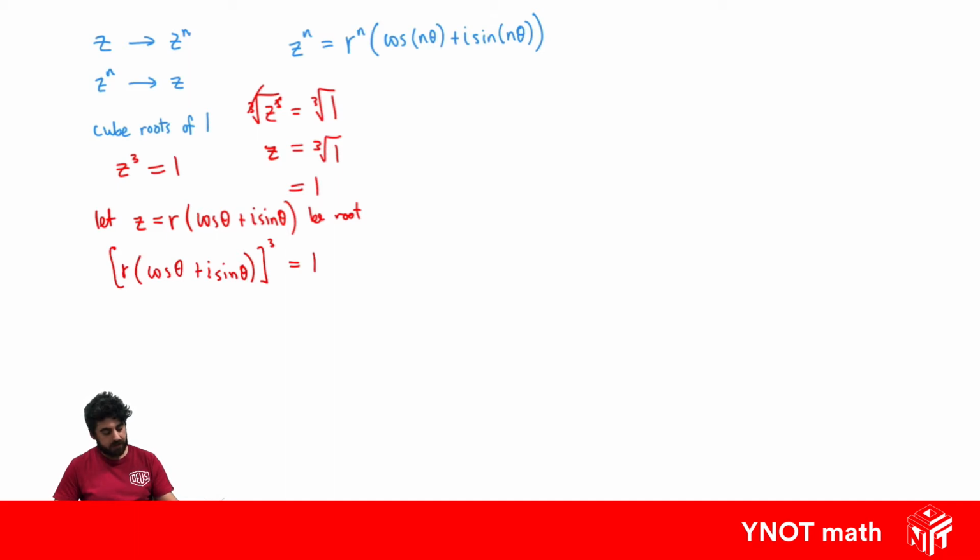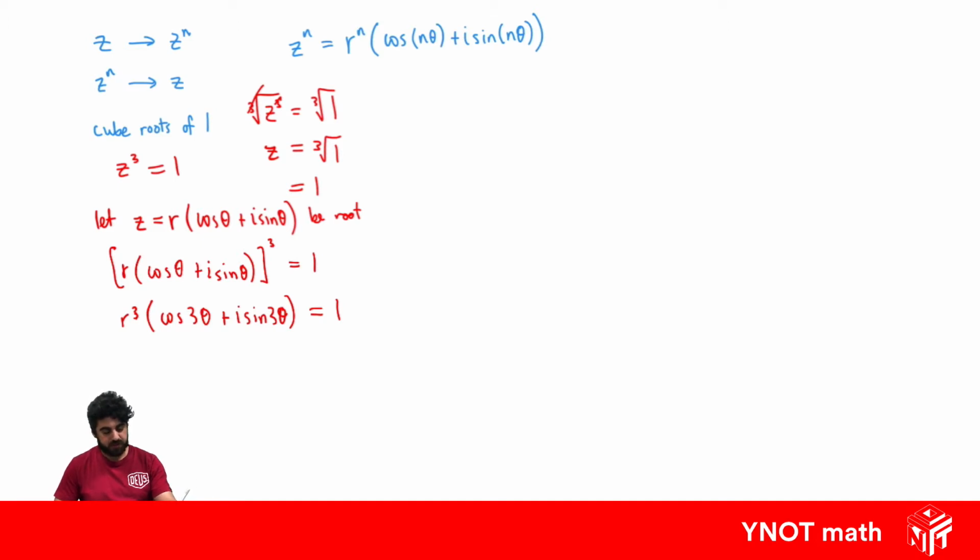Now we can go ahead and use de Moivre's theorem. So we get r cubed times cos 3 theta plus i sine 3 theta equals 1. Now, before we go any further, we're just going to look at some useful things to know.